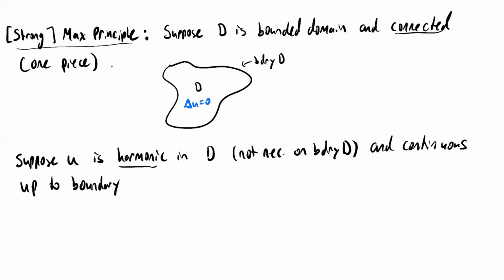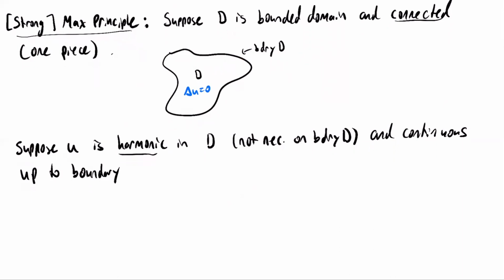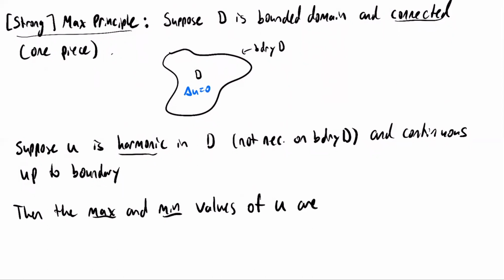These are the assumptions, and so what is the conclusion? The conclusion is that both the maximum and minimum values of the harmonic function u are attained in the boundary and nowhere else.